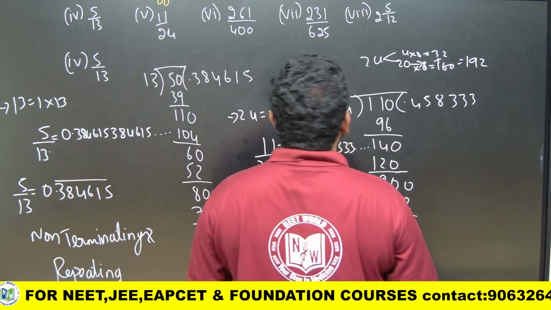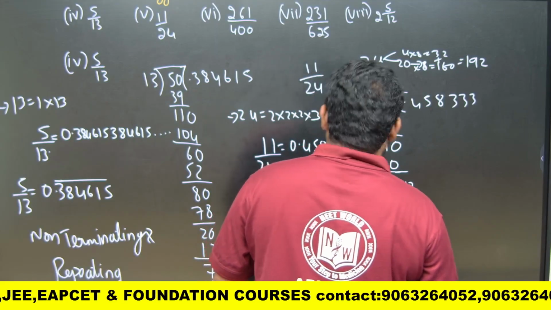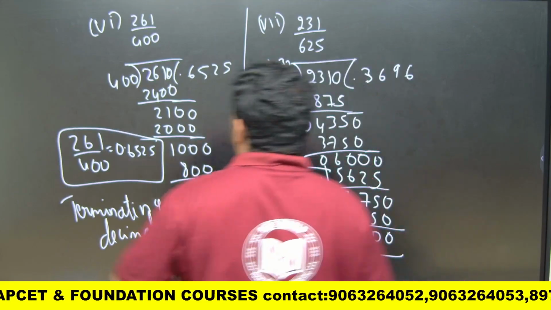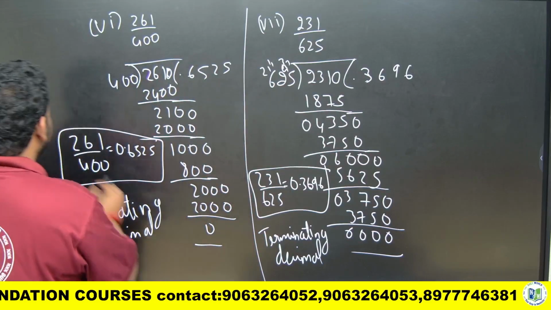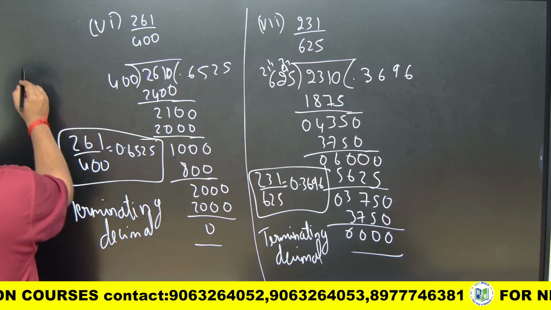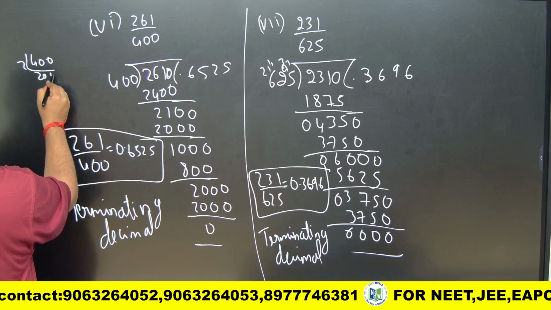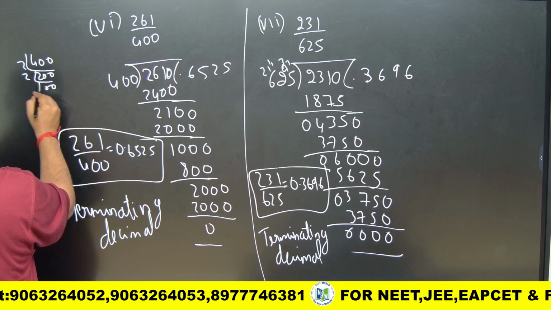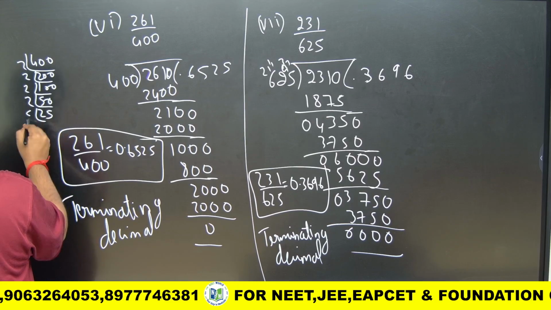Let us have a look at the sixth, seventh, and eighth questions. In the sixth question, 400 is the denominator. What are the factors of 400? 400 can be written as 2 into 20, 2 into 10, 2 into 50, 2 into 25, 5 into 5.